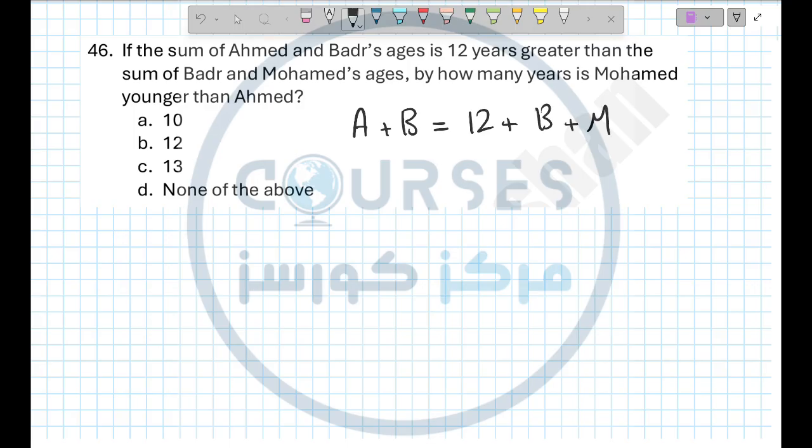By how many years is Muhammad younger than Ahmad? So we want a relationship between Muhammad and Ahmad. Easy, because we can subtract Badr from both sides. So Ahmad would be equal to 12 plus Muhammad. So Ahmad is 12 years older than Muhammad.